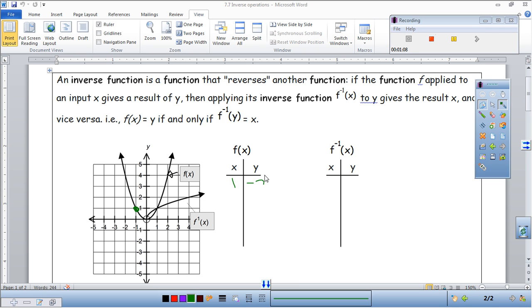It's not negative 2, but negative 1. Right here is another ordered pair. When x is 0, y is 0 on my function. Then here, when x is 1, y is 1.